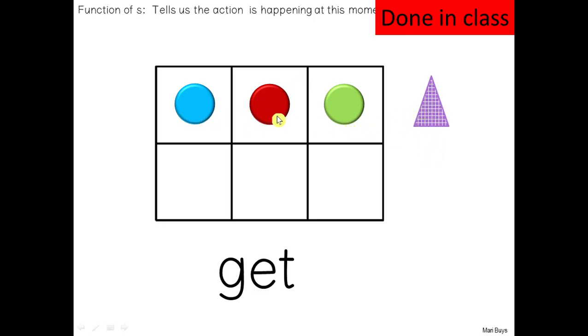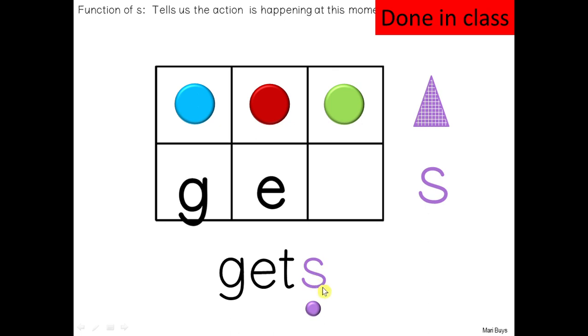So it's g, et, and s. That's the unit. And there's this, it is over there, g, et, s, gets. So we make the child aware of the unit that indicates the tense.